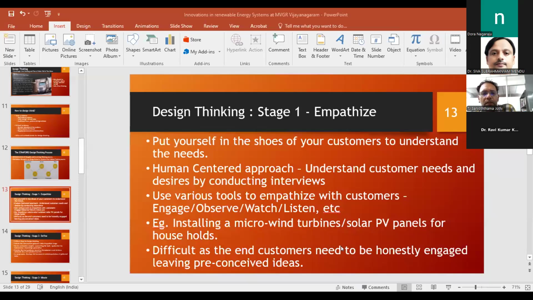One question is: can you give insight on red ocean strategy and blue ocean strategy in sustainable power generation? Actually, I am not aware of red and blue ocean, but there is something called the blue economy.